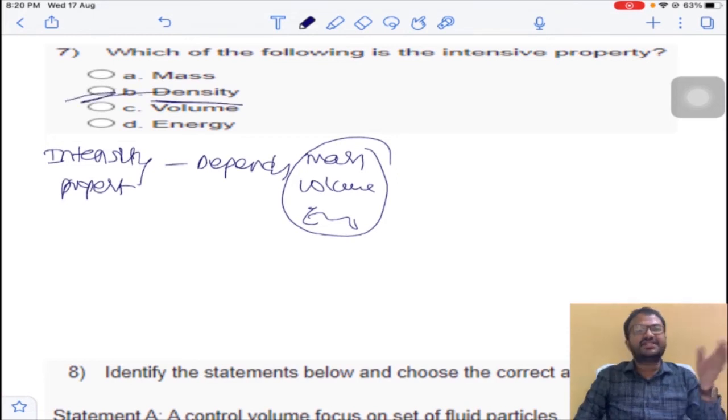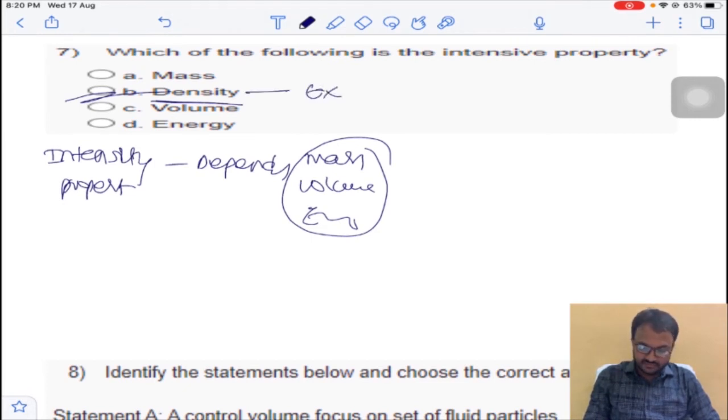Okay. So extensive properties depend upon the quantity. Intensive properties do not depend upon the quantity. So out of all this, density is an intensive property.